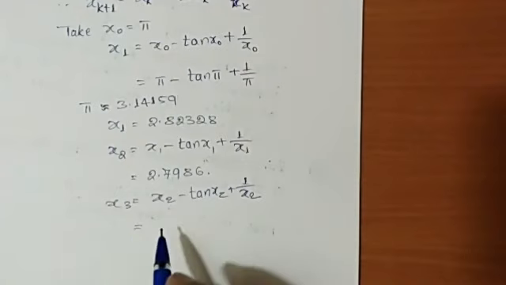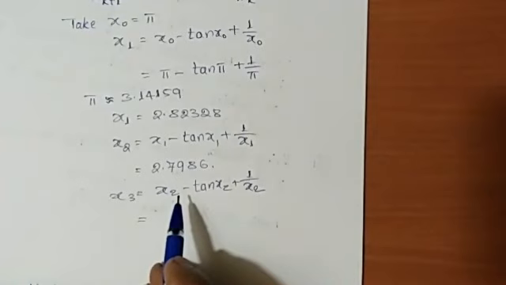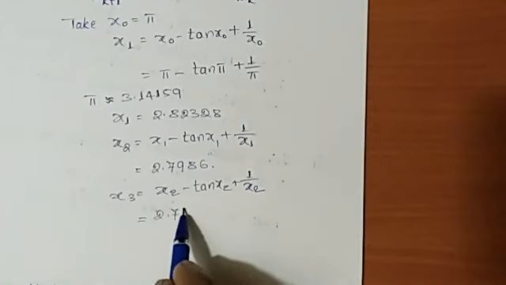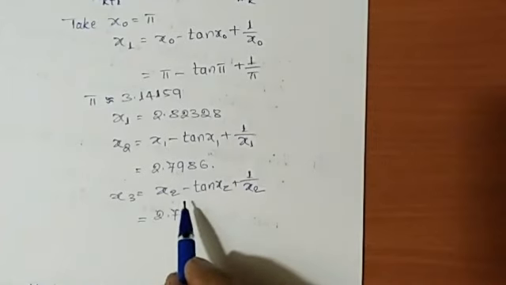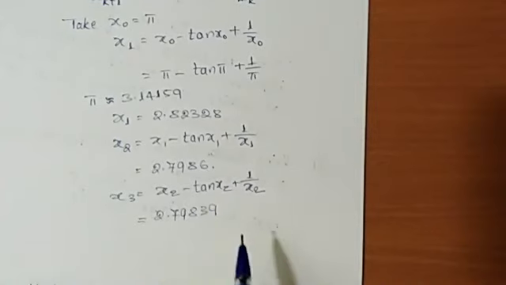For this value of x2, x3 will be 2.79839.